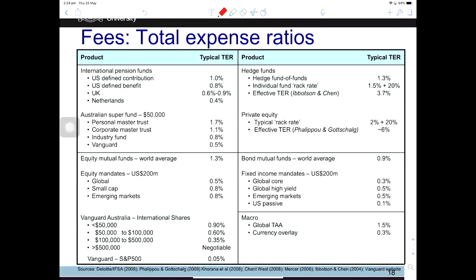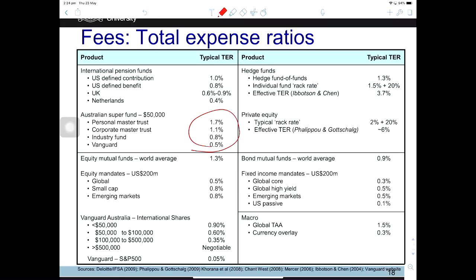In this table, we have a general statistic of the management fee or expense ratio for some very popular investment products. You will see Australian super funds. The personal master trust refers to retail personal super.